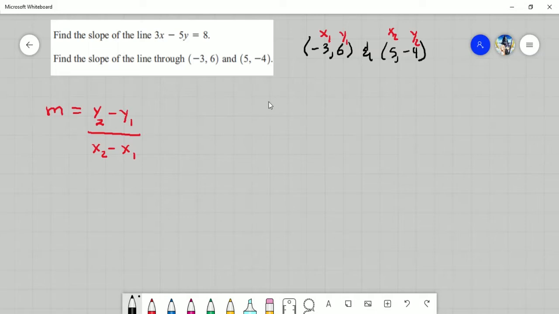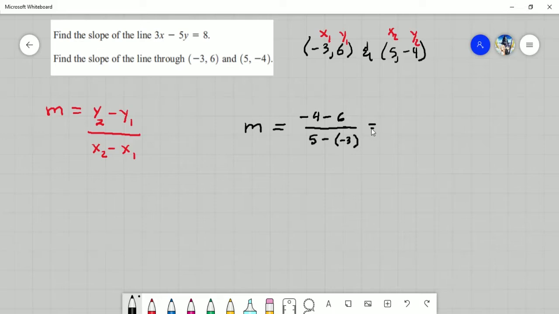So slope equals y2, which is -4, minus y1, which is 6, divided by x2, which is 5, minus x1, which is -3. I'm going to enclose that in parentheses, so I know what's a negative and what's a minus sign.